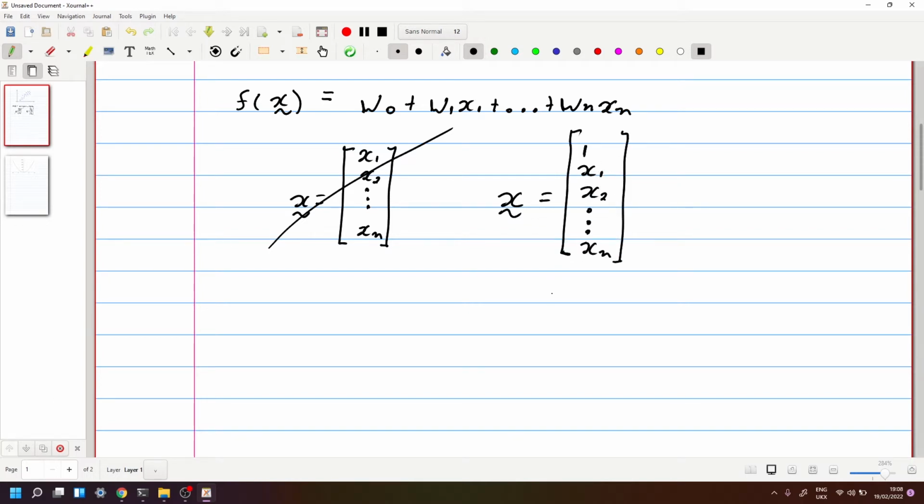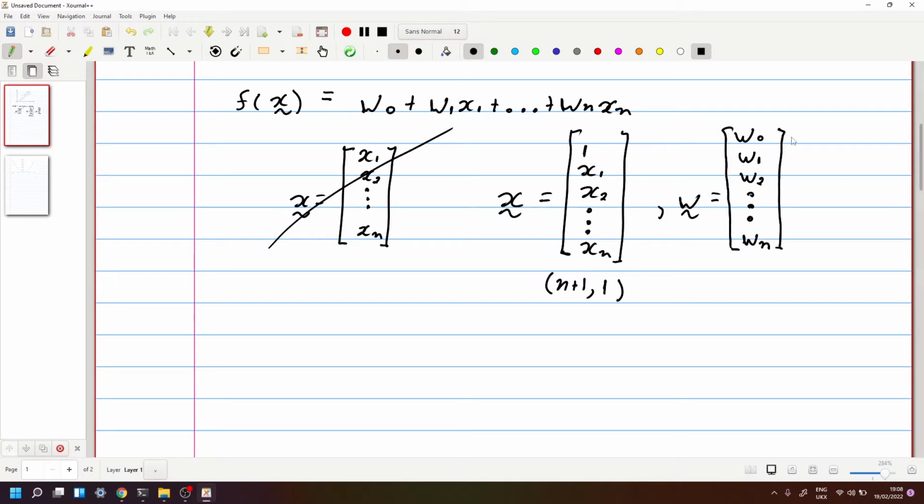And this now is an n plus 1 by 1 column vector. We're also going to define a vector of weights, w tilde, which contains all the weights in our function, starting from w0, and these are the coefficients of the components in the input vectors.